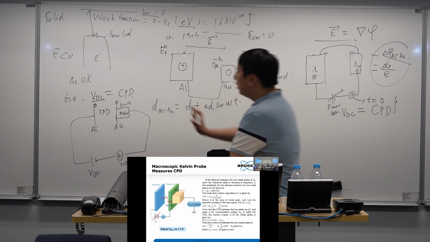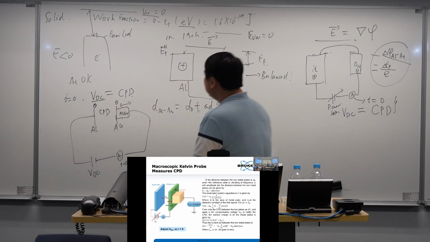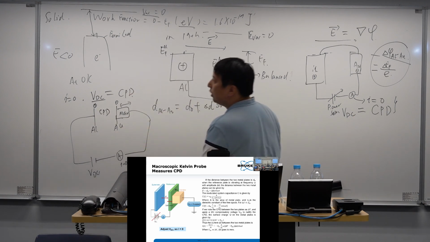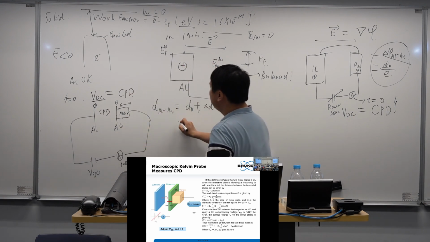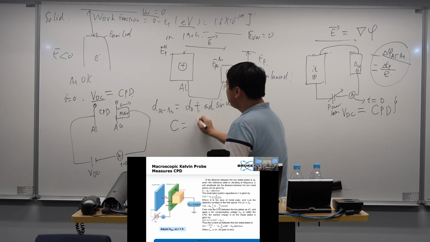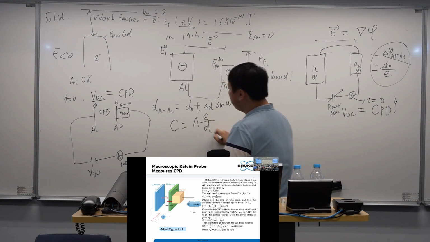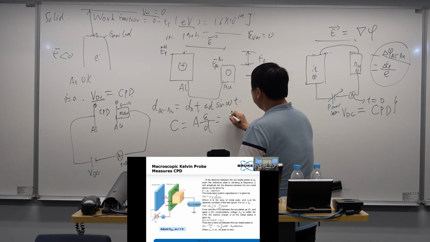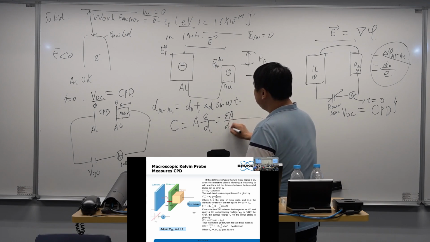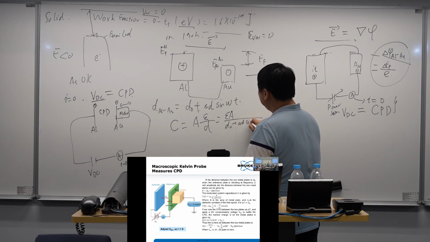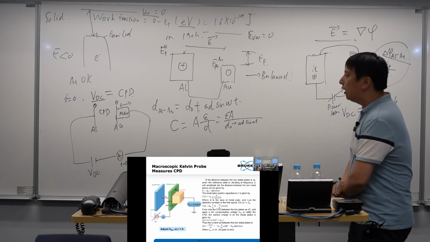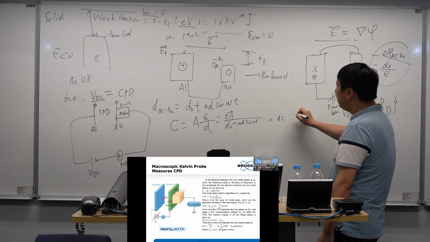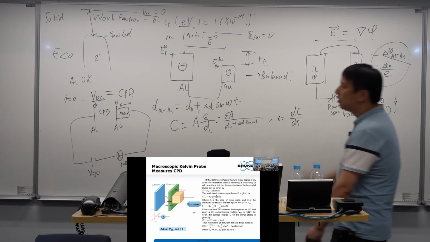Then we know these two plates actually form a capacitor. The capacitance equals A epsilon over D, right? So it gives us A epsilon divided by D0 plus delta D sine omega t. What's current? Current is actually the derivative of the capacitor charge over time.